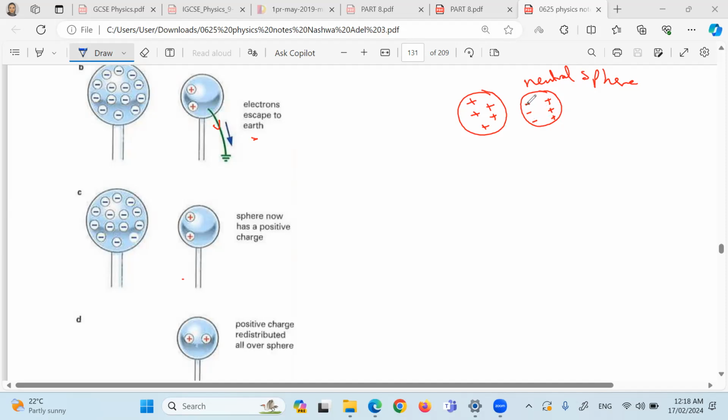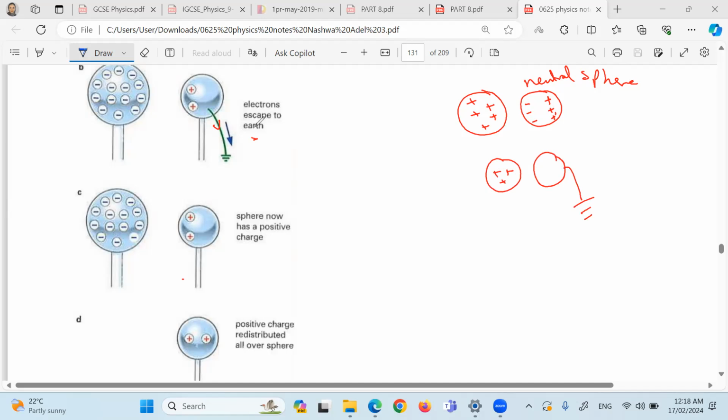So the electrons move from the right to the left, leaving positive ions. Then we connect this to the earth wire. The positive charges stay as they are, and we connect this to the earth wire.